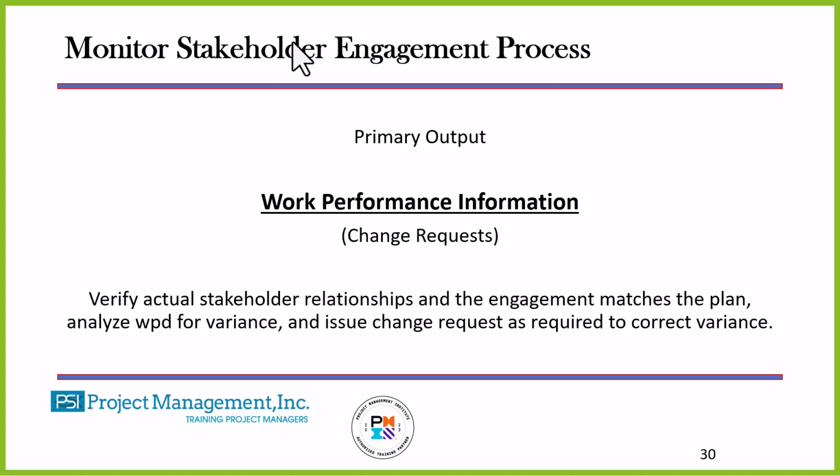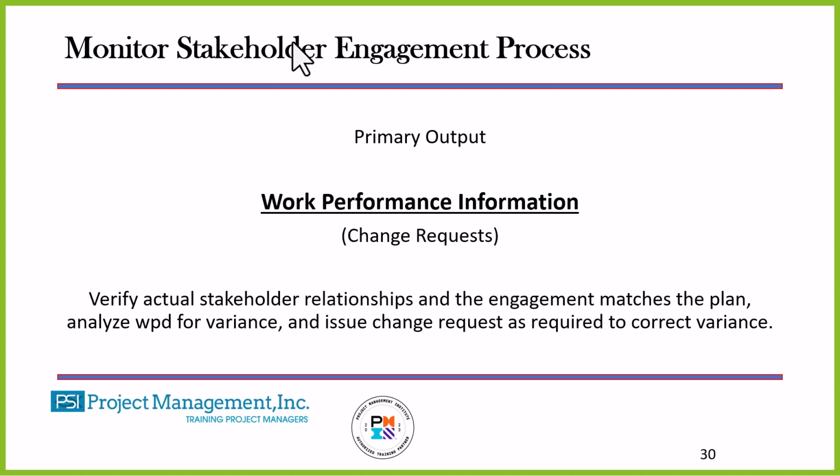Well, in monitor stakeholder engagement, we analyze that data and we create what's called work performance information. And that is how it's actually progressing. Is there a variance? Is there not a variance? We're looking at all aspects of the stakeholder engagement to see how we're really performing in those processes.